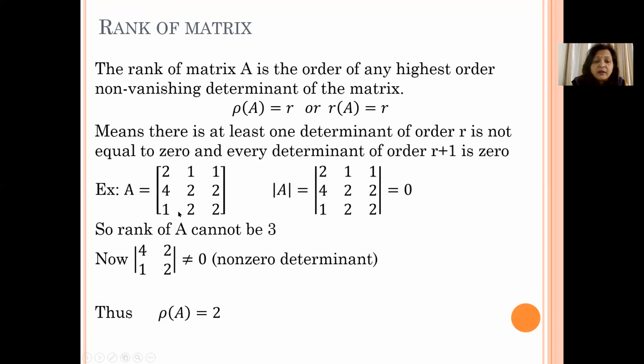But we can see here that there exists at least one determinant whose value is not equal to 0. So here the rank of this matrix is 2.